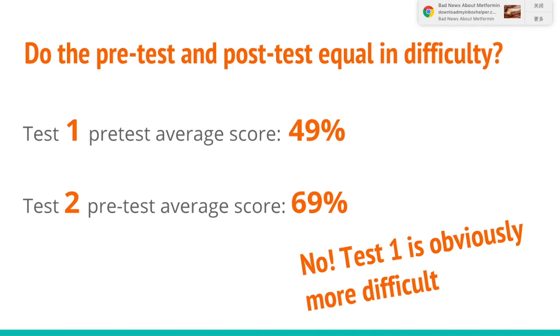The result shows they are not. The average pre-test scores for test 1 and test 2 are obviously not the same, and the score for test 1 is lower, so test 1 is more difficult. This is problematic, because even if people learned after our instruction, confronted with a more difficult exam, they may even perform worse.